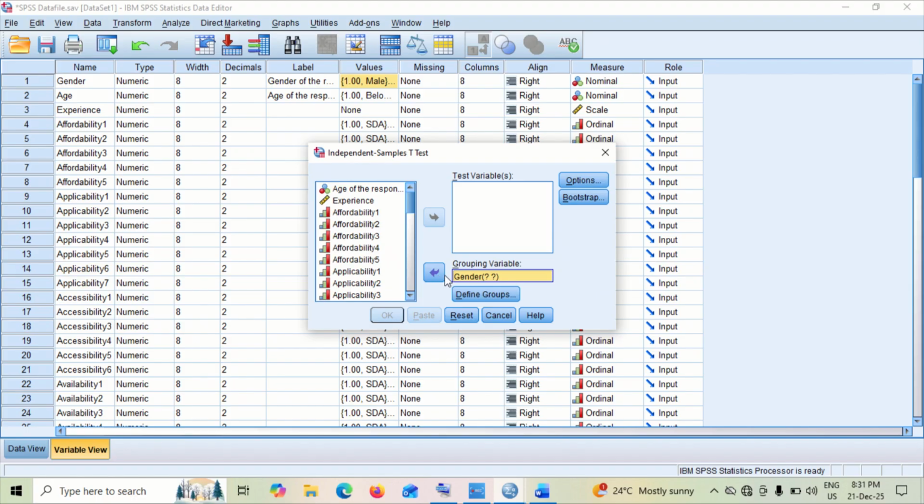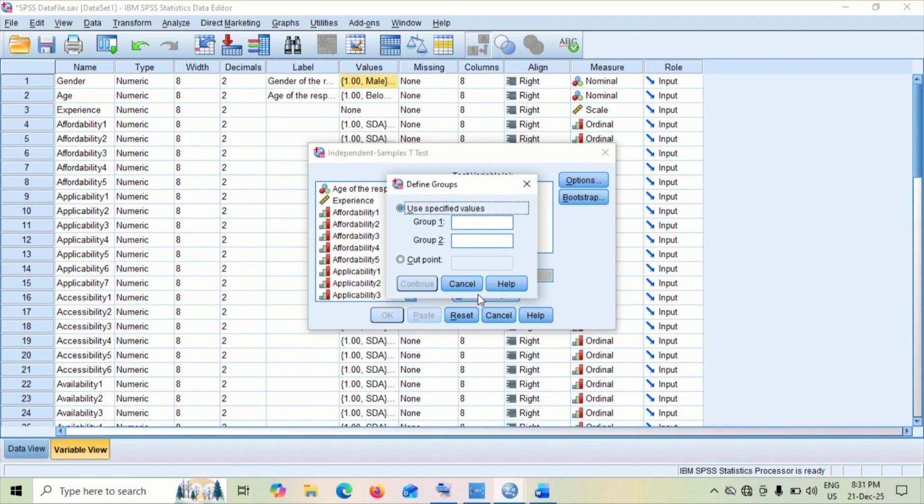Here we can see two question marks in the bracket of gender. Therefore, we have to define the groups of gender according to the coding. Click Define Groups. We have already given code 1 for male, which is group 1, and code 2 for female, which is group 2. Then click Continue.